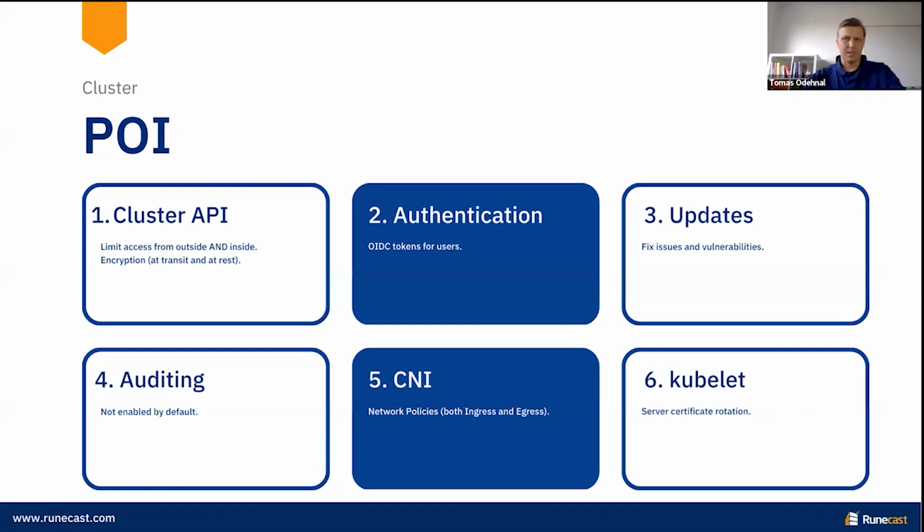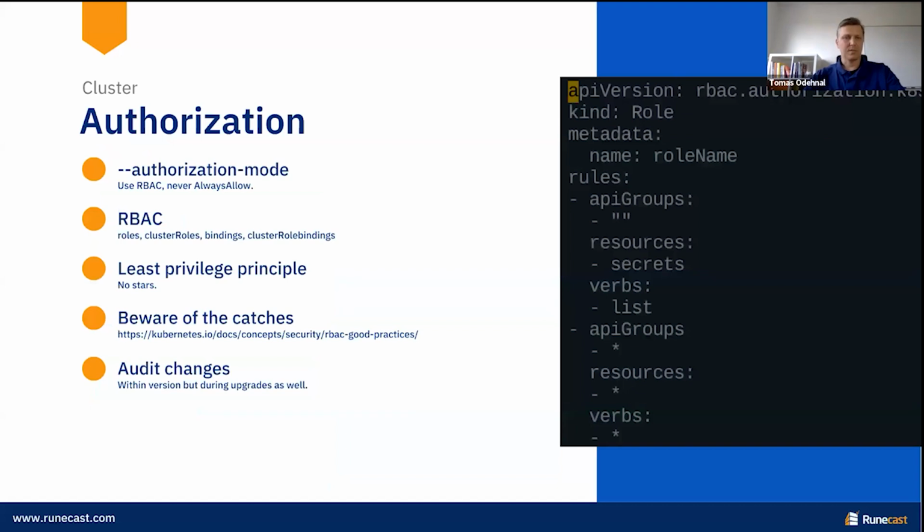I have skipped one point, and that is authorization, and that's something I would like to discuss in more detail. So if you authenticate, you will connect to the cluster. Then there comes authorization that will say what you can exactly do in the cluster. There are several modes that can be used in Kubernetes.